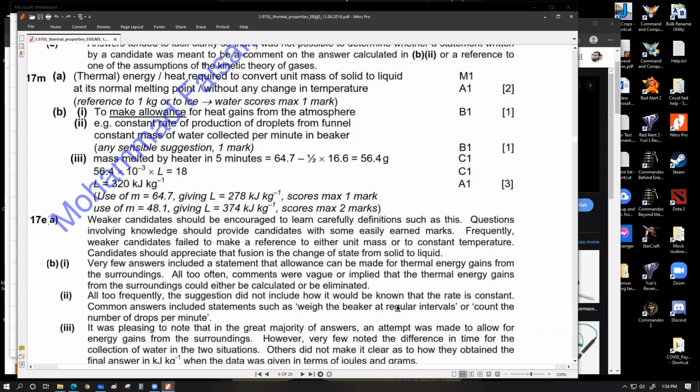Or count the number of drops per minute, and if it is the same number of drops over a duration of 3-4 minutes, then we know the rate is uniform. So only counting doesn't give you a decision. You have to count, compare the numbers, and if they are the same over a duration of time, then you know that you are good to go. So you have to complete your information. These two statements are not wrong, but they are simply incomplete in terms of what you are trying to achieve.